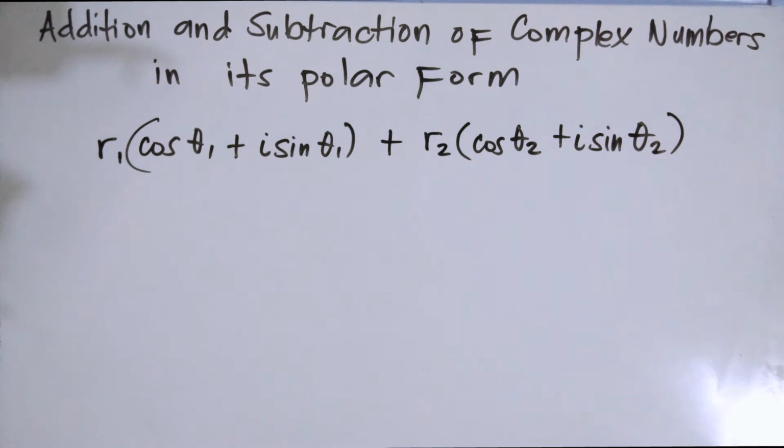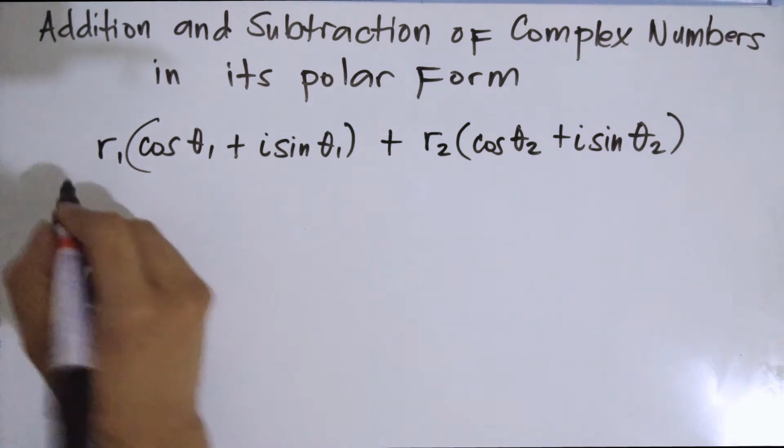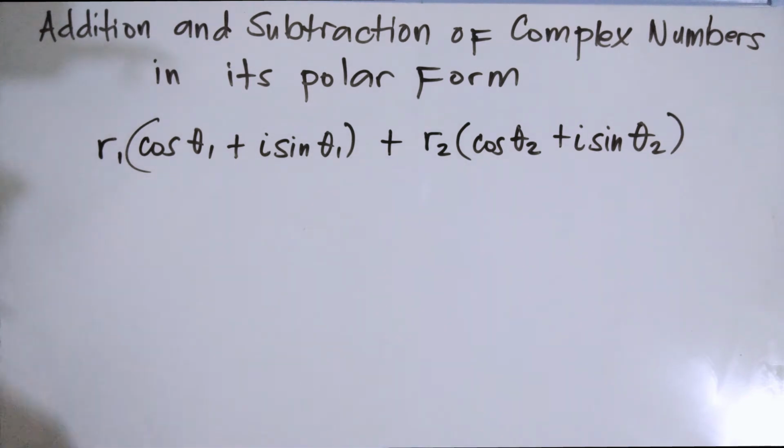So if you are going to add complex numbers in polar form, you will distribute r sub 1, or the modulus, and r sub 2 for the two complex numbers.